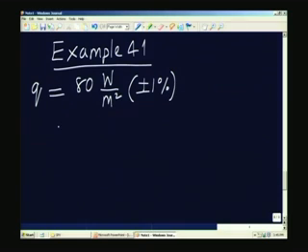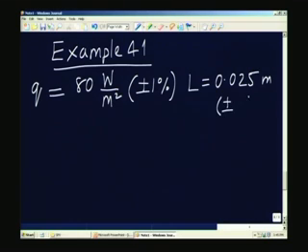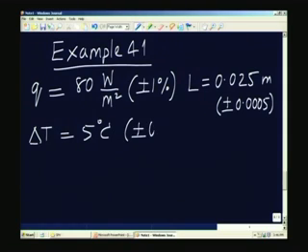Then I am given the thickness of the sample L, which is 25 millimeters, 0.025 meters, plus or minus 0.5 millimeters, which comes out to be plus or minus 0.0005 meters. I am writing everything in SI units, and the delta T has been measured as 5 degrees centigrade plus or minus 0.2 degrees Celsius.